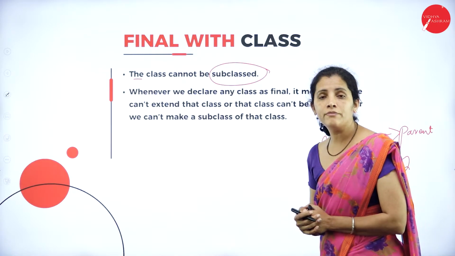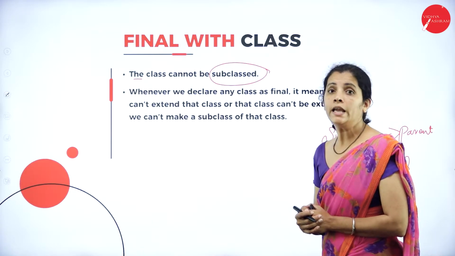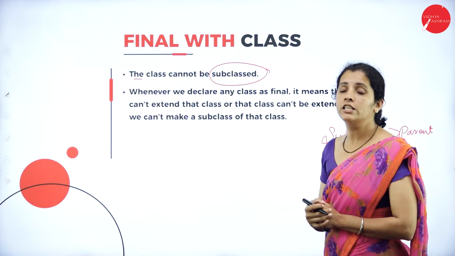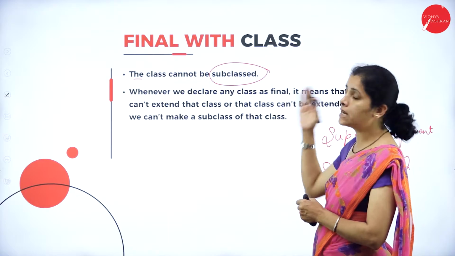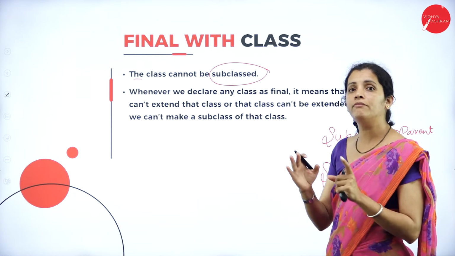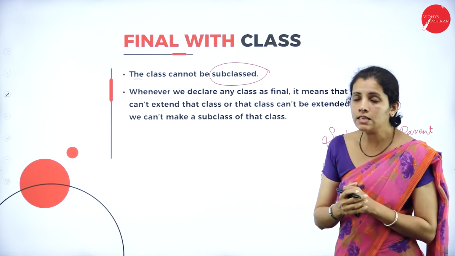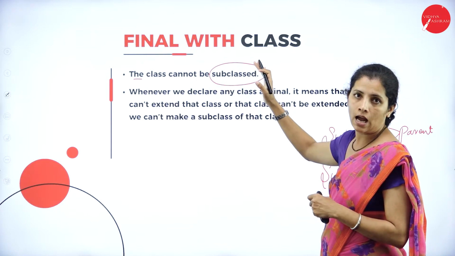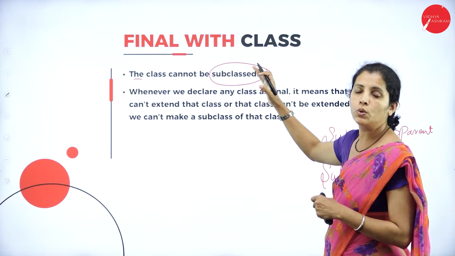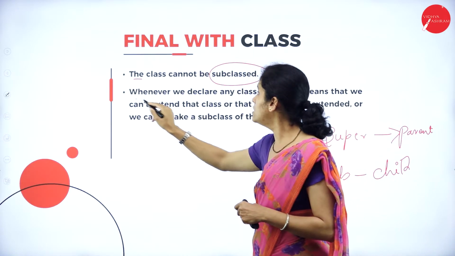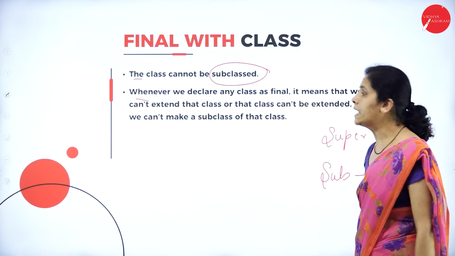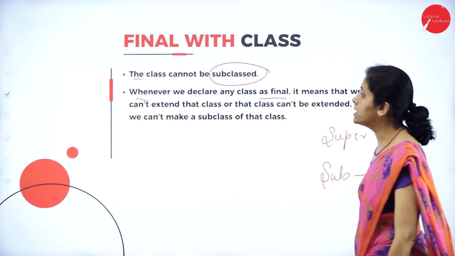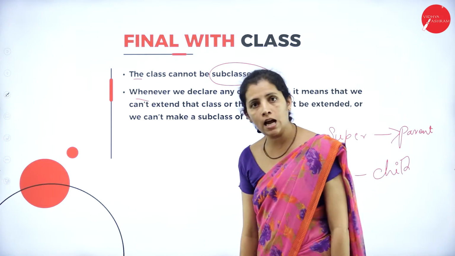Now, suppose I want to avoid inheriting the features, then what do I do? I just define my class with the keyword final. Final in the sense that the class cannot be subclassed, so I cannot inherit. Whenever we declare any class as final, it means that we cannot extend the class.